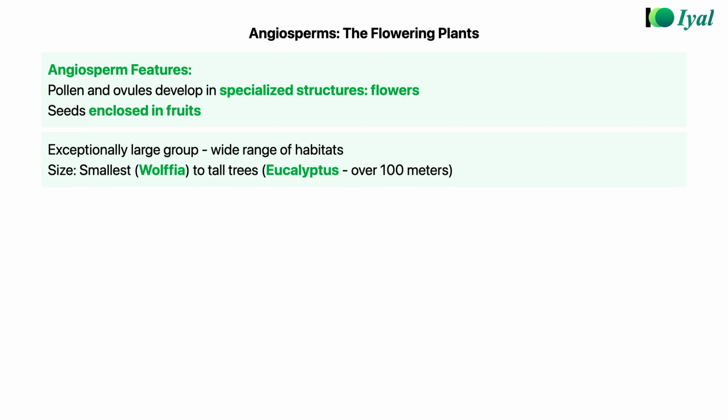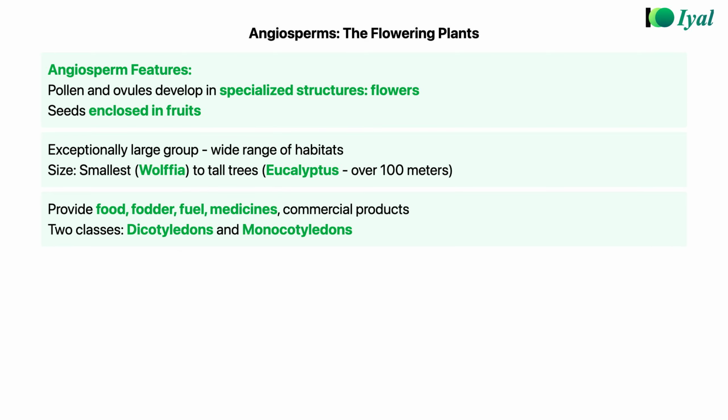Angiosperms are an exceptionally large and diverse group of plants. They occur in a wide range of habitats, from deserts to aquatic environments, from tropical rainforests to alpine regions. Their size range is incredible, from the smallest flowering plant Wolfia, which is tiny and floats on water, to tall trees of eucalyptus that can grow over 100 meters tall.